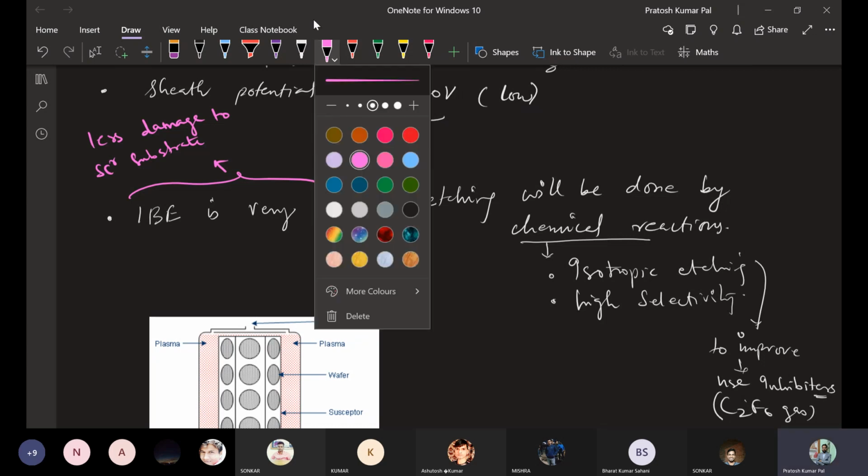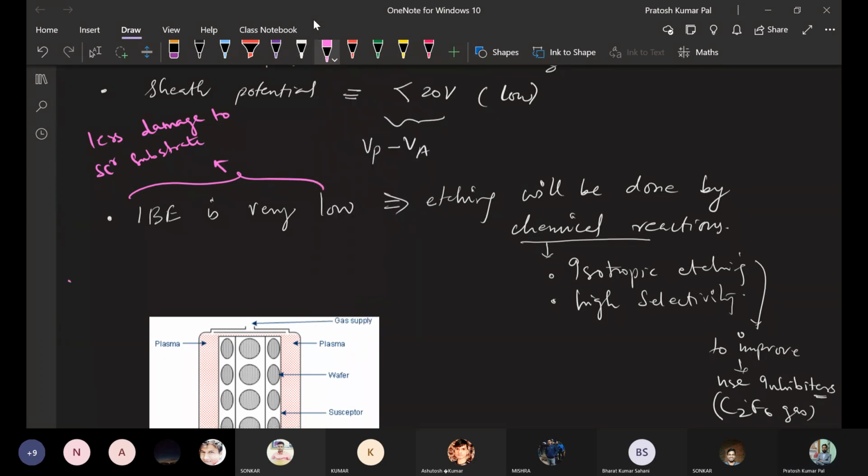The third etching that we will be discussing is reactive ion etching.